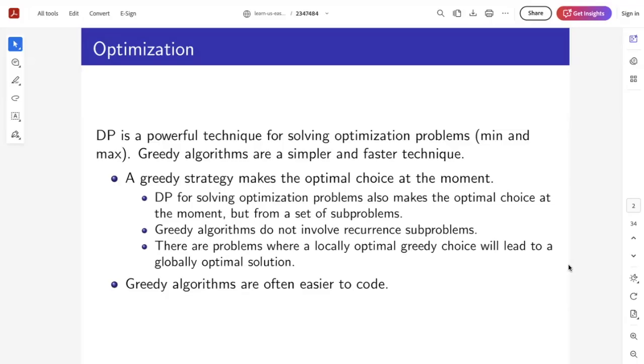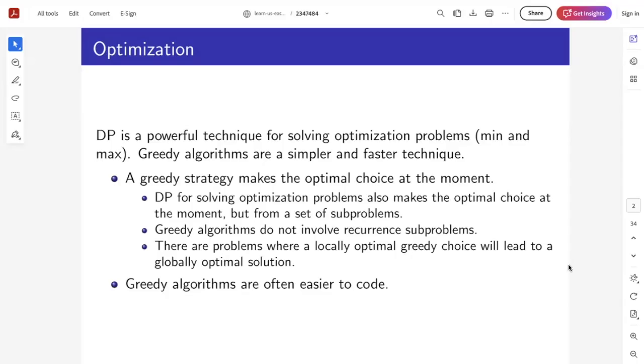So what that means is that to solve an optimization problem with the current parameters, if we can break the problem into several subproblems with smaller parameters, and when we solve these subproblems, then we will be able to solve the original problem through the recurrence relation.